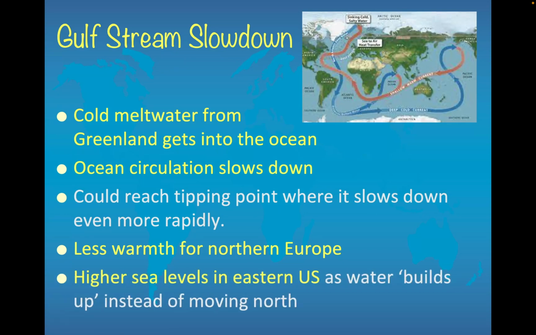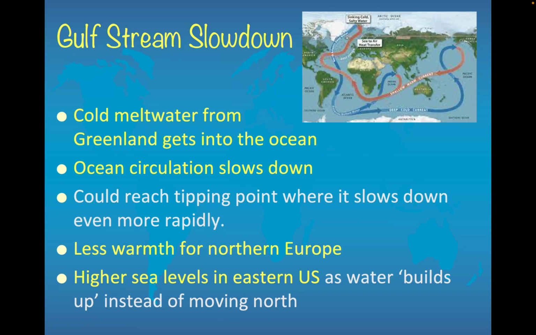The other thing is that because this area is not moving away as fast, there's water levels building up. So on the eastern side of the United States, water is building up and there's higher sea levels. Now, if you think about it, sailing is very big there. So there's yacht clubs and marinas, there's beaches and tourist places.